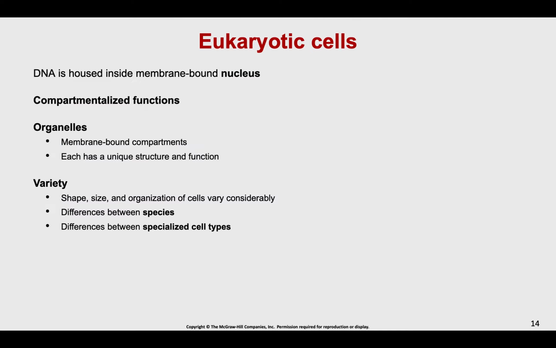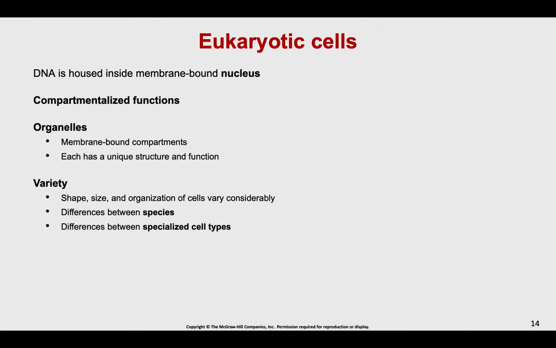The biggest thing about these cells is DNA is going to be housed inside a membrane-bound nucleus. Everything inside of these cells has very compartmentalized functions. So we have organelles, which we mentioned before, membrane-bound compartments. They each have a unique structure, and because of their unique structure, they have a unique function.